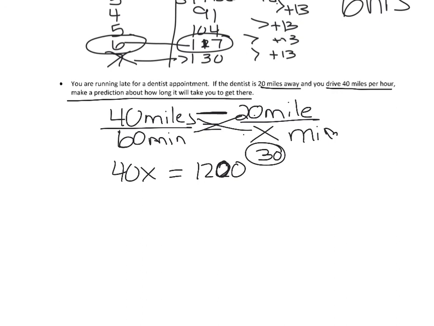So 6 times 2 is 12, and you got 2 zeros, so 1200. And then divide by 40, so x equals 30. I said 20 there, y'all. Whoops. It'd be 30. Okay, 30 minutes.